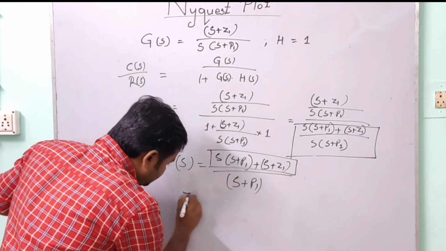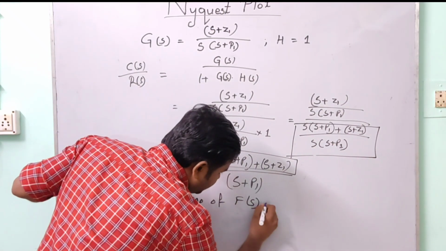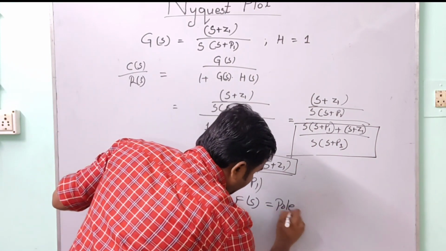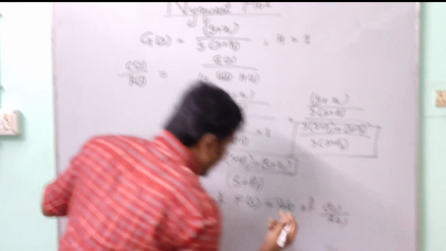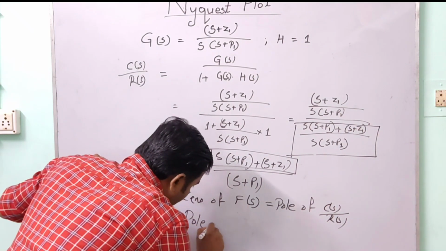That means the zeros of F(s) are equal to the poles of C(s) by R(s).